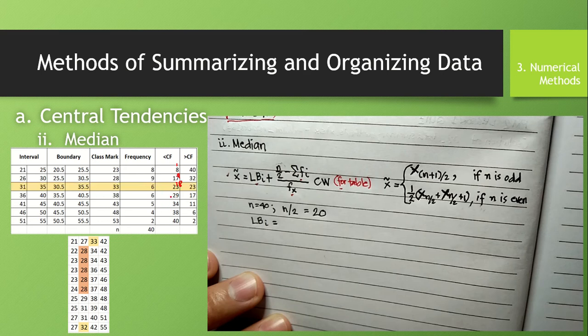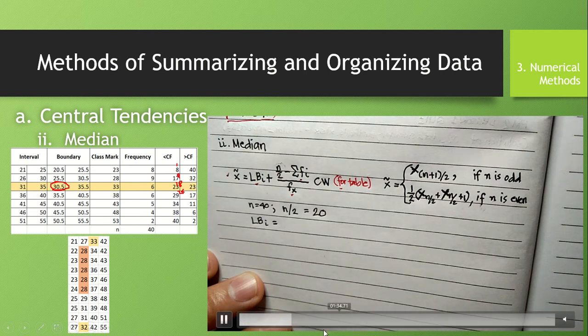The less than cumulative frequency tells us the last value for each class interval. In the fourth class interval, our data will start from the 24th data until the 29th data, and so on. Which means our median class is the third class interval, and the lower class boundary will then be equal to 30.5.